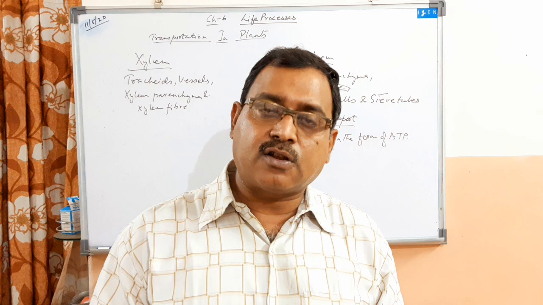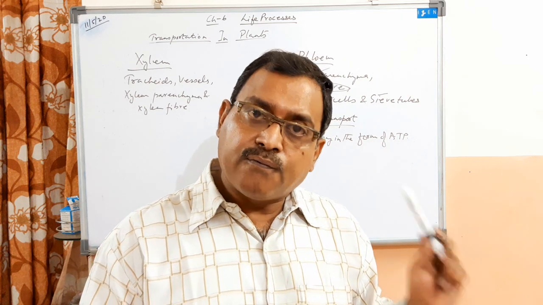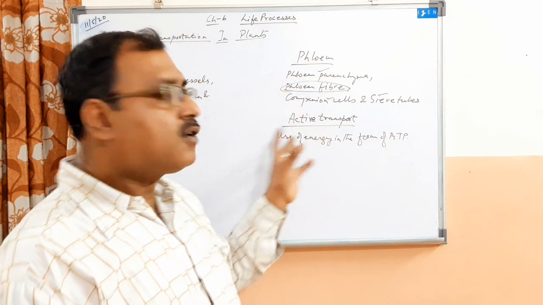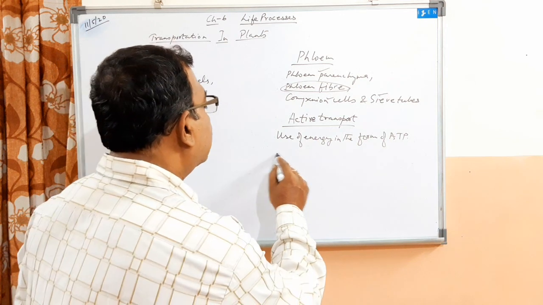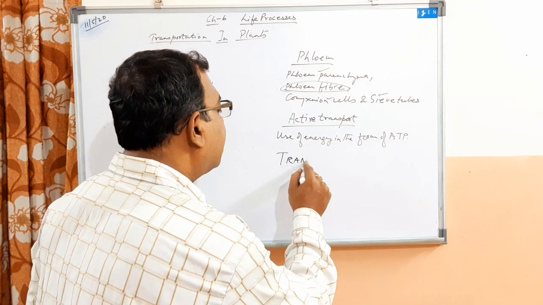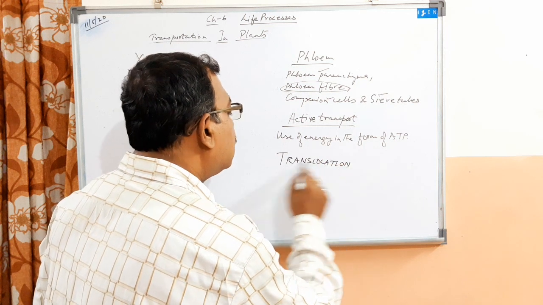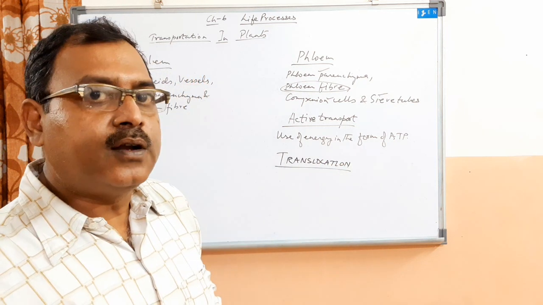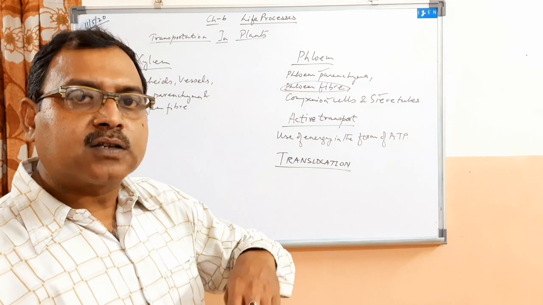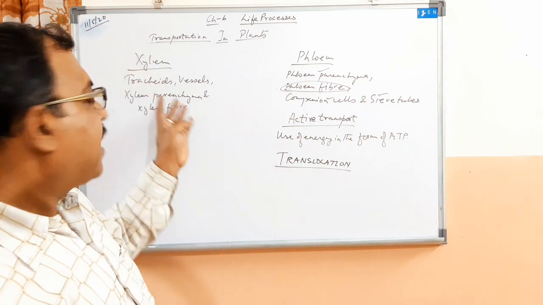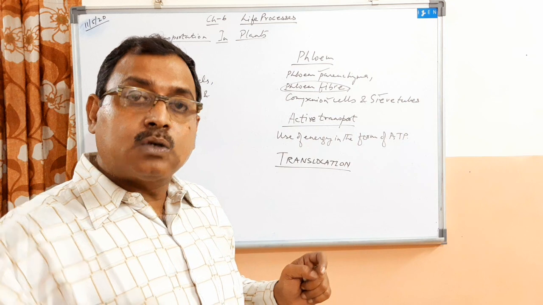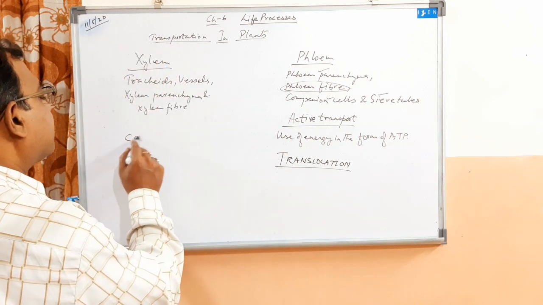So it is bidirectional flow of substance through phloem. This movement of food is called translocation, remember. So movement of prepared food from the leaves to all parts of the plant body is called translocation. And movement of water from the roots to the leaves is called conduction.